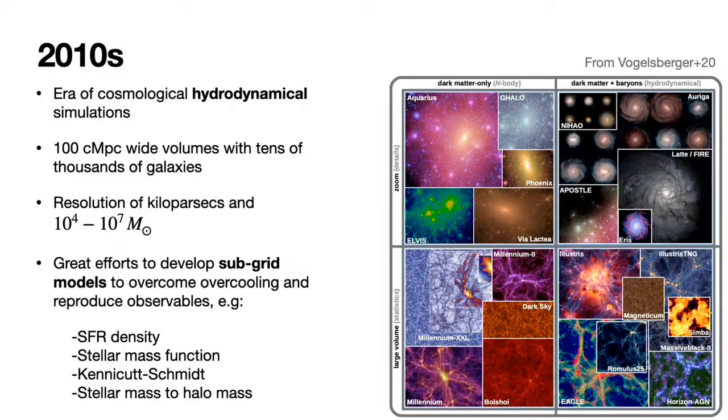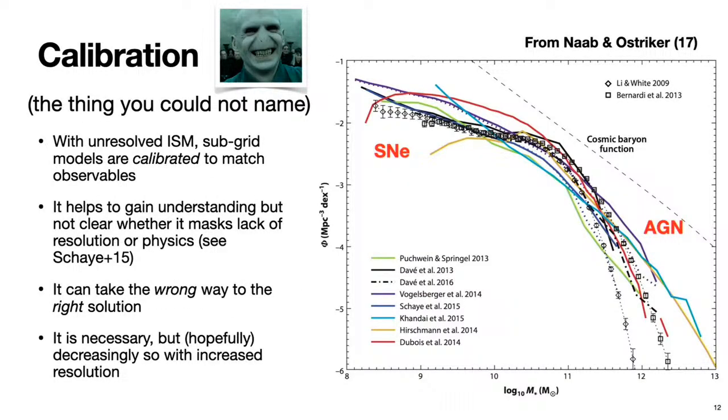And then using calibrations to reproduce a large range of observations, such as the star formation rate density, stellar mass function, etc. Calibration was, in the beginning, a thing that people would not really admit to doing, but really, people were adjusting their subgrid models to reproduce these observed properties of galaxies.